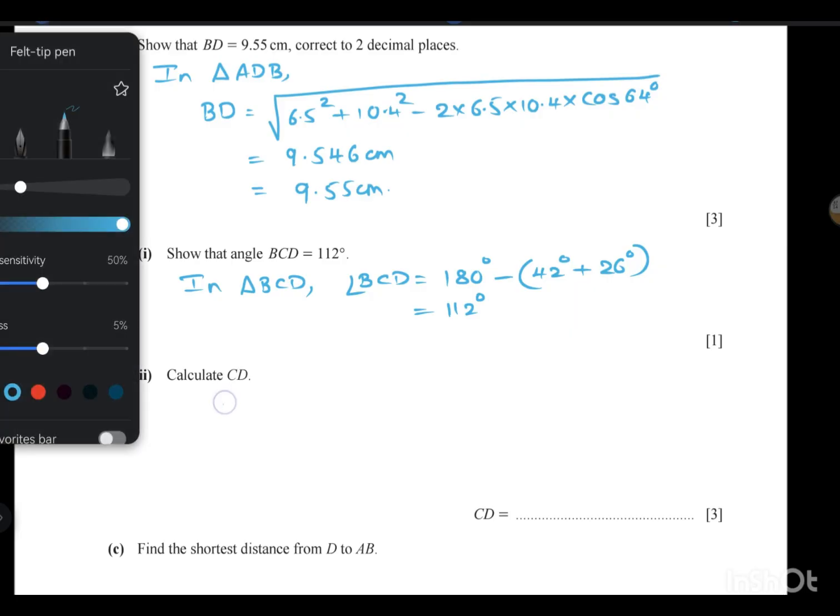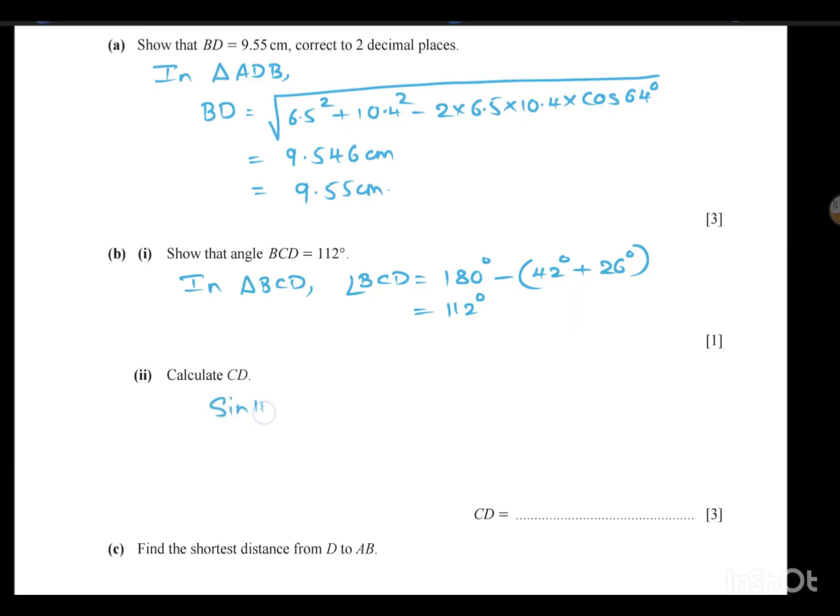So sine 112 by 9.55 will be equal to sine 42 by CD. This gives you the value by cross multiplication and transpose method. You can write sine 42 multiplied by 9.55 by sine 112.